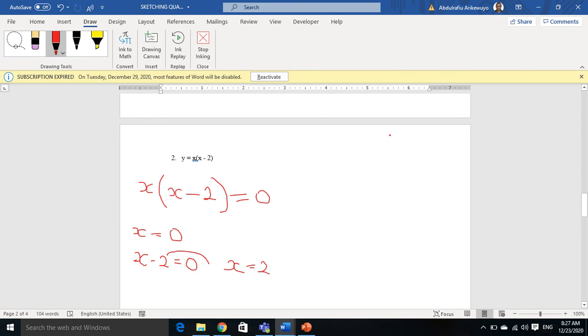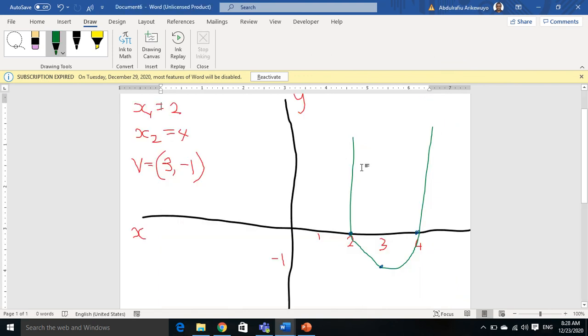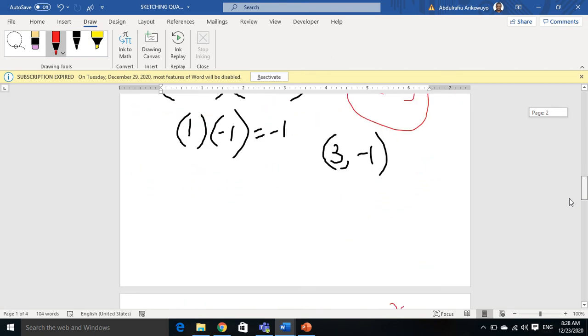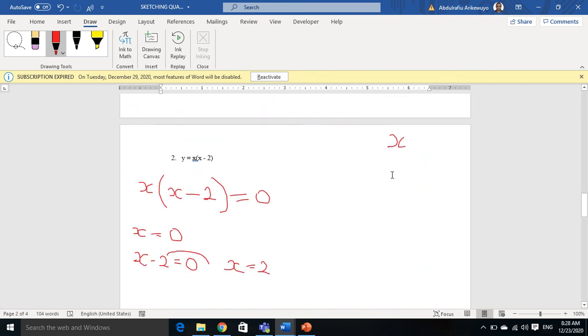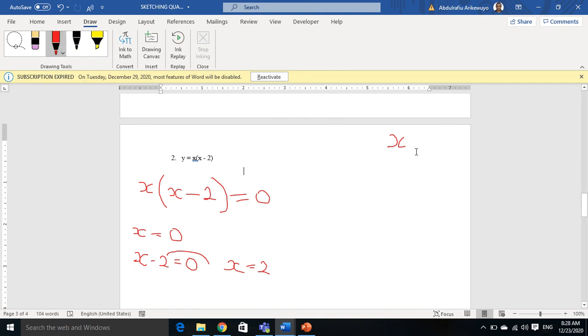So it means my x1 is 0. Let me write that here so we can come back to it. x1 is 0 and x2 is 2.